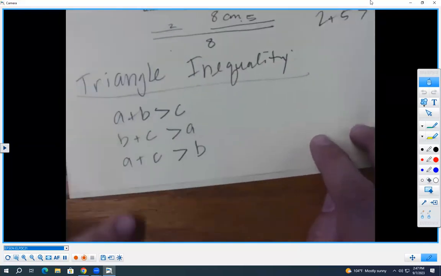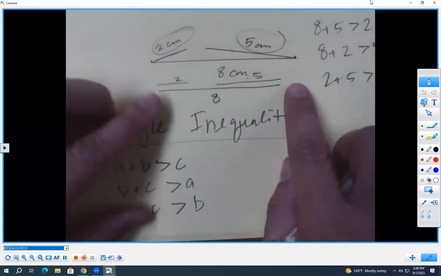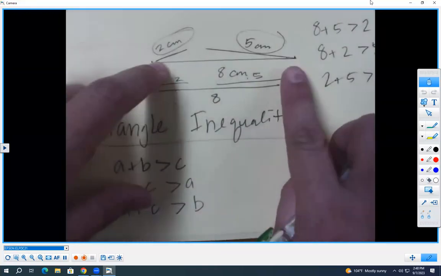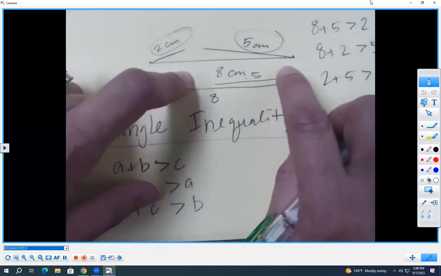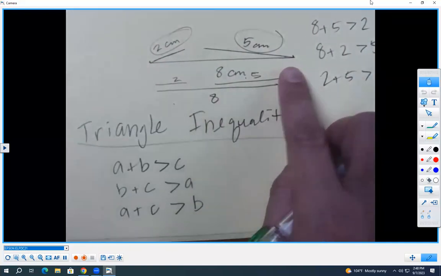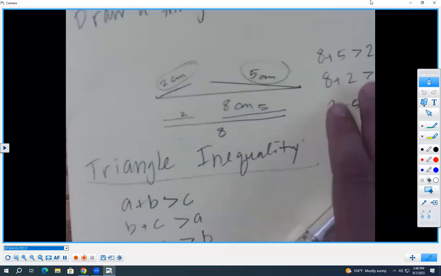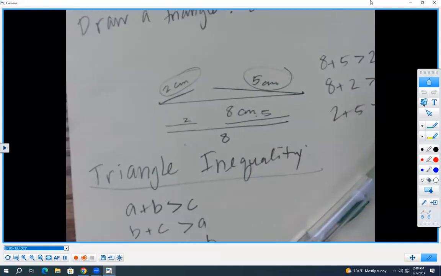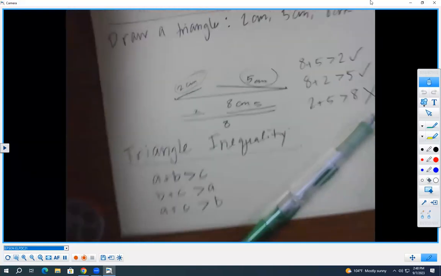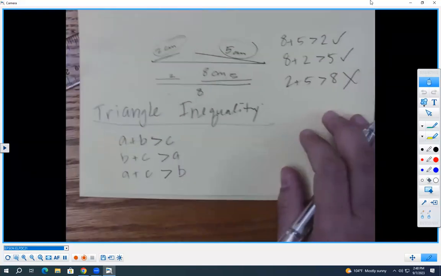If not, you cannot make a triangle with it. We showed why, because when we put them together, it won't even fit on top of the line, it's too small.